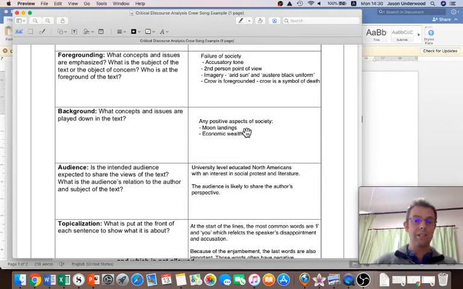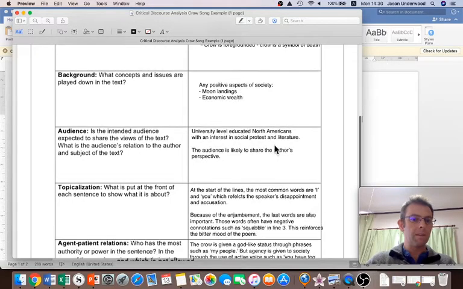And so we've got things such as the moon landings, space exploration was really significant in the 60s and 70s, and also economic wealth. There was lots of economic progress in the 60s and the 70s as well, and all that is washed out, as well as medical care too.